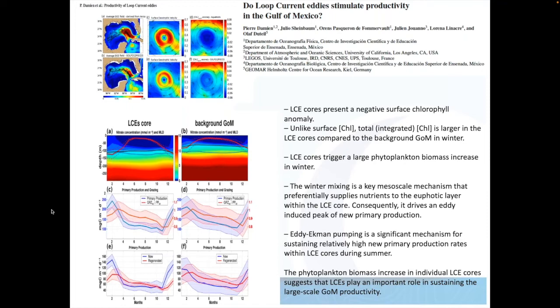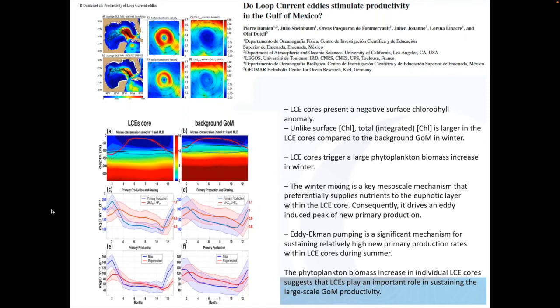That is sufficient to make the mixed layer, which is deeper in the anticyclones, interact with the nutricline and bring nutrients to the euphotic zone and increase the chlorophyll content due to new production. This is the figure on the left that you see there.